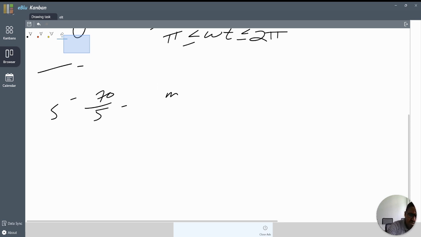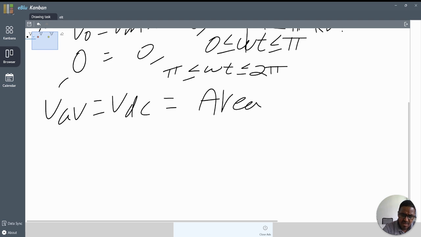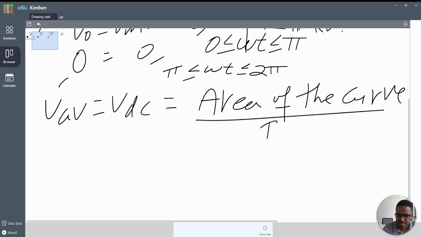Let's show you. V average is equal to VDC. VDC means the area of the curve over the base.